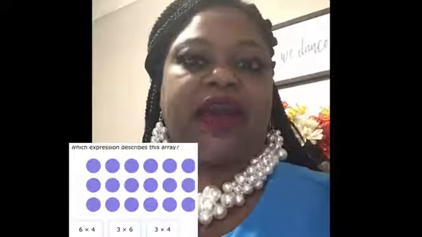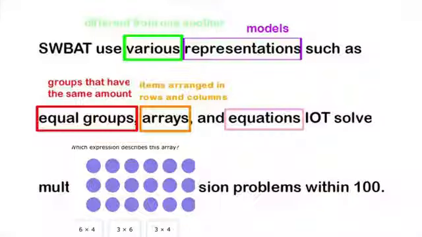Arrays are items arranged in rows and columns. Equations are mathematical statements containing an equal sign to show that two expressions are equal.